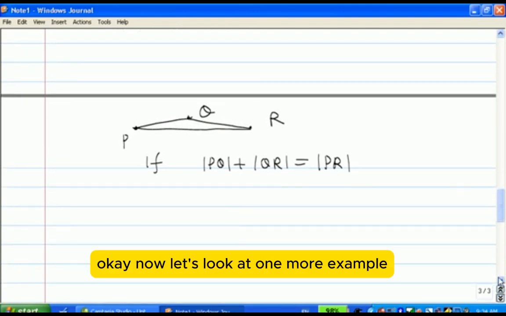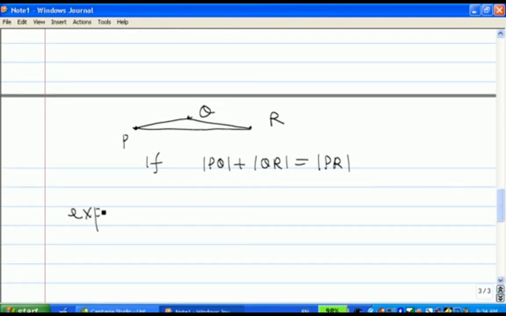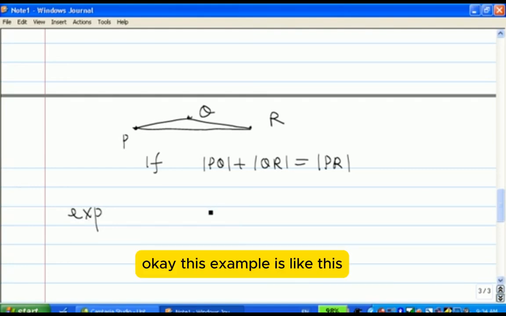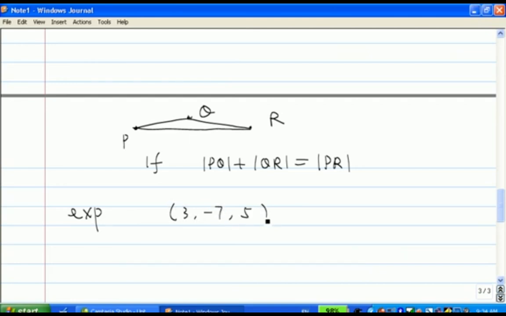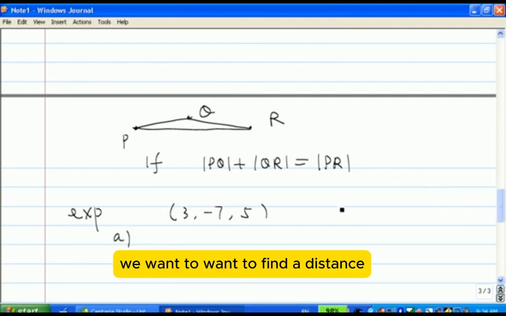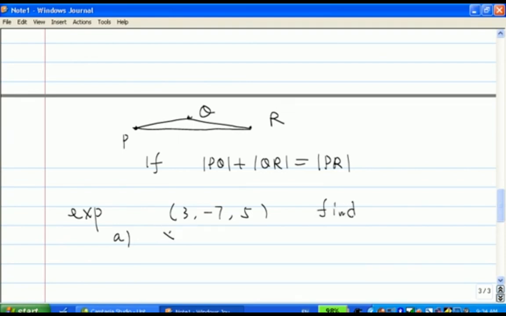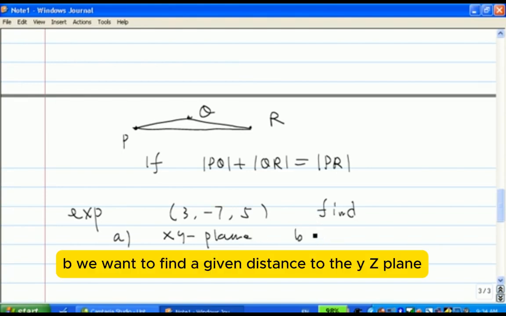Okay, now let's look at one more example. This example is like this. I give you the point (3, -7, 5). I want to find the following distances. First, A: the distance from the given point to the XY plane. B: the distance to the YZ plane.